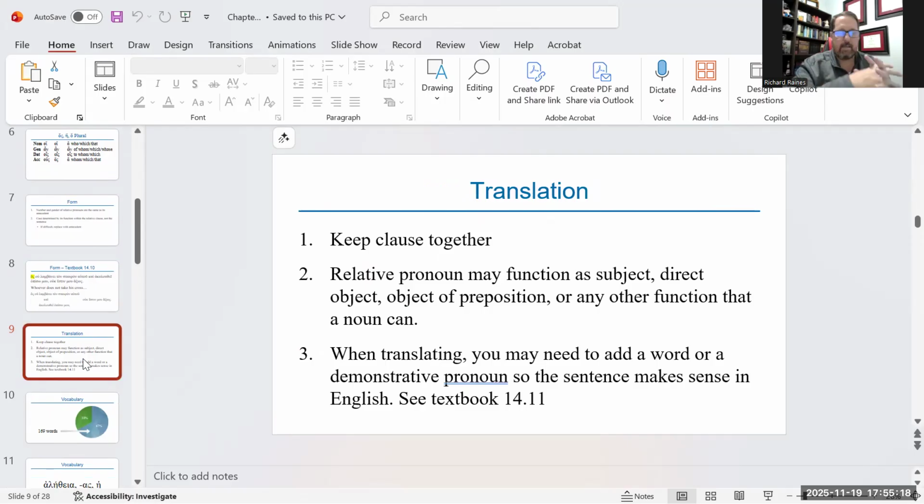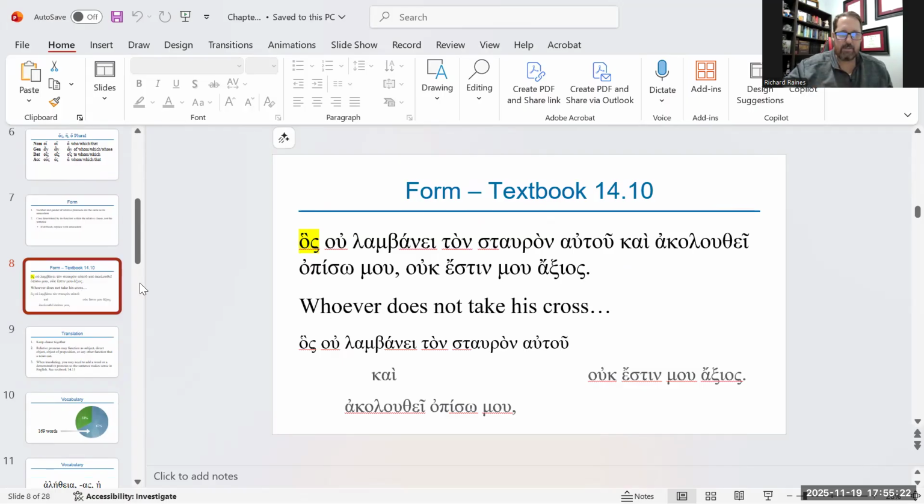So when you're translating a sentence, there's something that I want you to learn to do, and I think I may do an additional video on this. I think I may take a sentence and break it down in a way to show you how I translate sentences. So I'm not going to dig too deep there.